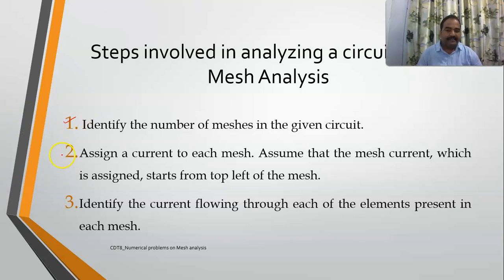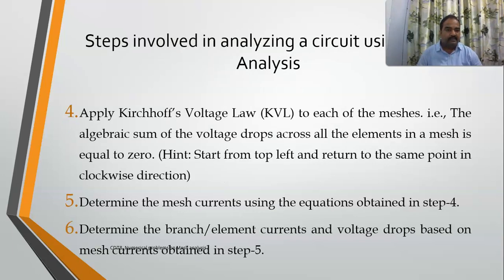Next, we assign a current to each of these meshes, and then we identify the current which is flowing through each of these elements, and then we apply KVL for each of these meshes, and we determine the mesh currents using the equations which we obtained from step number 4. And finally, we determine the branch element currents. This is the procedure which we have applied in our last lectures also for mesh analysis.